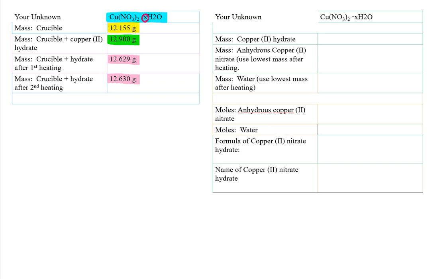So now if we go over here, we're saying, okay, let's do these calculations. What is the mass of the hydrate that we put into the crucible? The mass of the hydrate is the mass of the crucible plus the hydrate minus just the mass of the crucible. 12.9 minus 12.155, 0.745 grams.